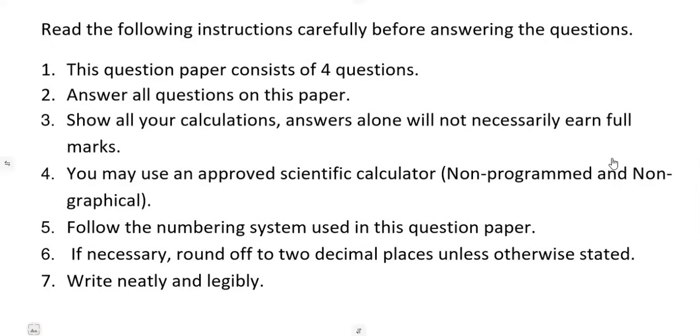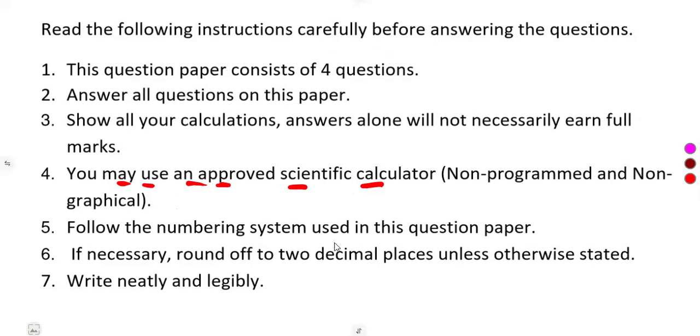All right, so we're not going to waste much time, guys. Make sure that you read all the instructions. You may use an approved scientific calculator, that is the non-programmable or non-graphical one.